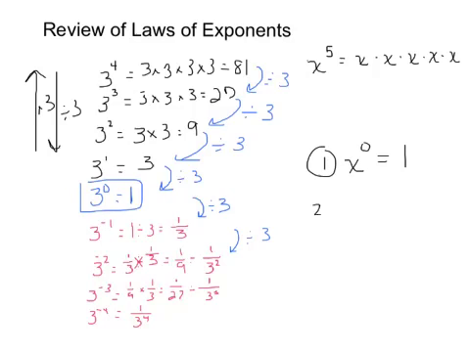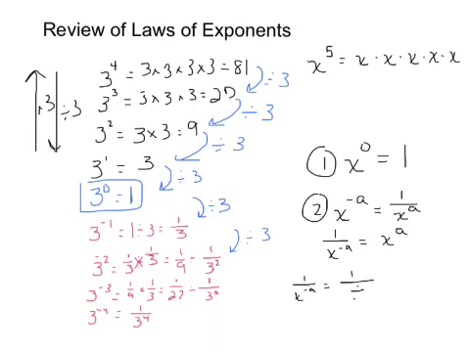This gives me my second rule, that if I have x raised to a negative exponent, it becomes 1/x raised to the positive version of that exponent. And kind of keeping the same idea, 1/x to a negative exponent will give me the positive version of that exponent up top, over 1. Reason being, 1/x to the negative a becomes 1 over 1/x to the a.